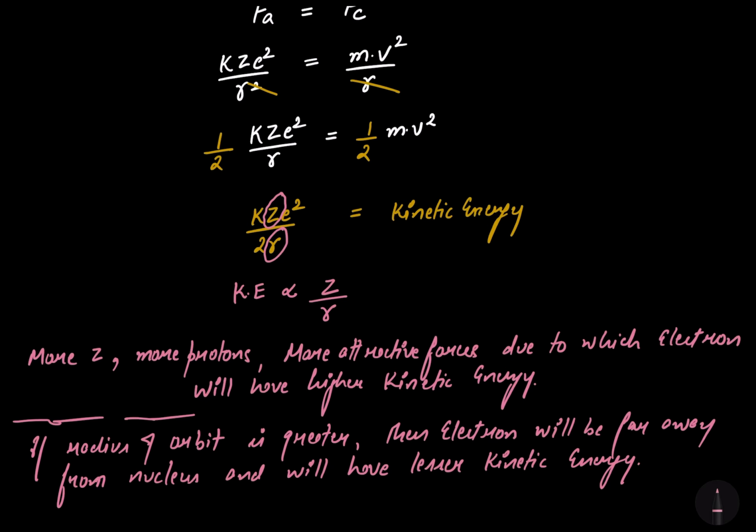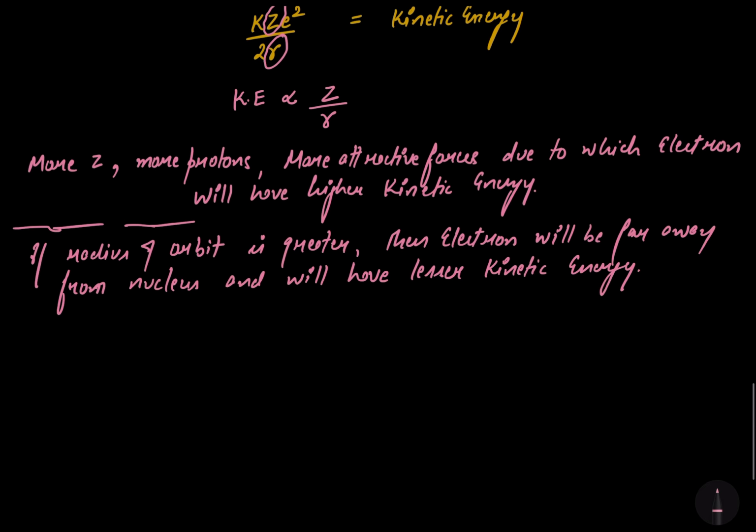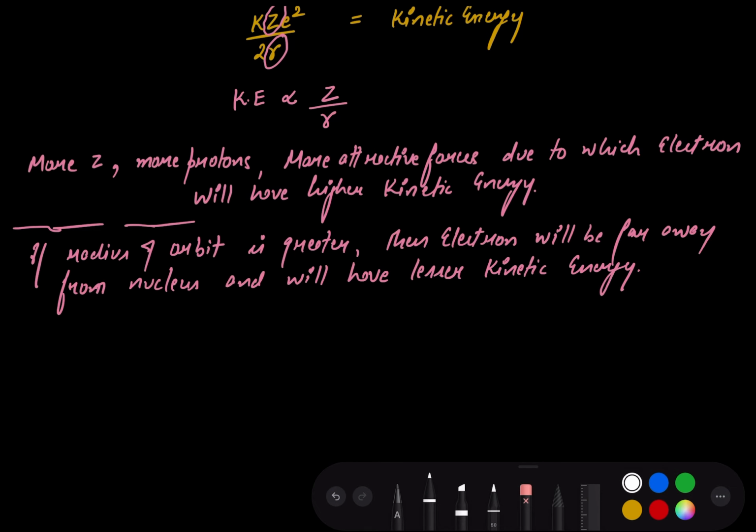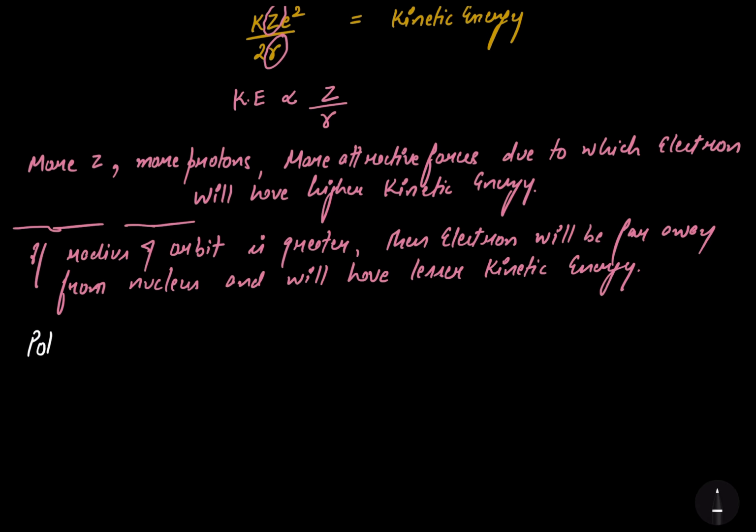So let's talk about now potential energy. Now I'm talking about potential energy of an electron. In the previous lecture we have studied about the potential energy. What's the formula for potential energy? It is K into Q1 into Q2 divided by small r.